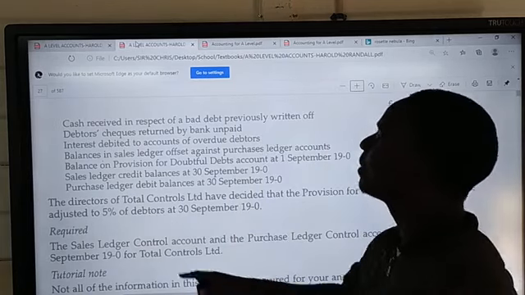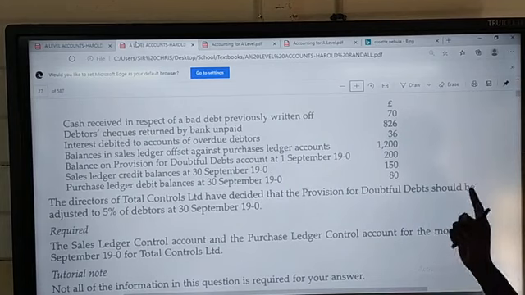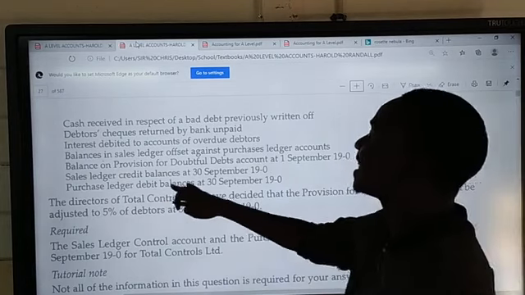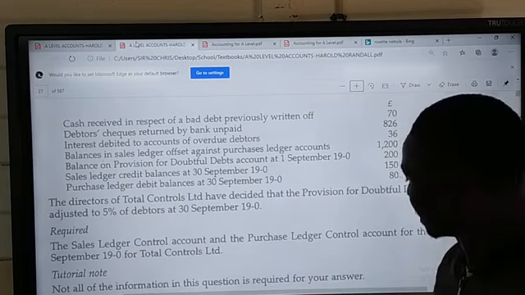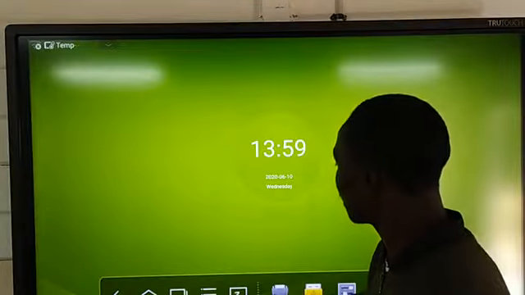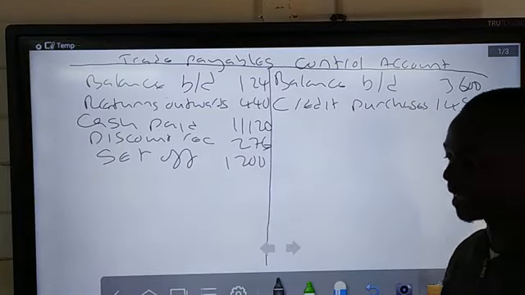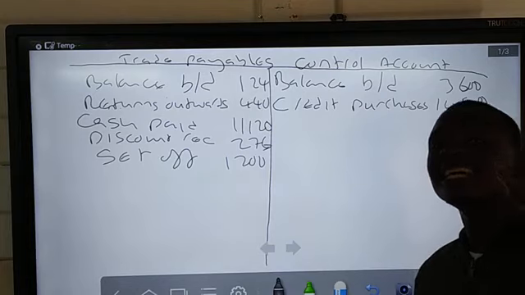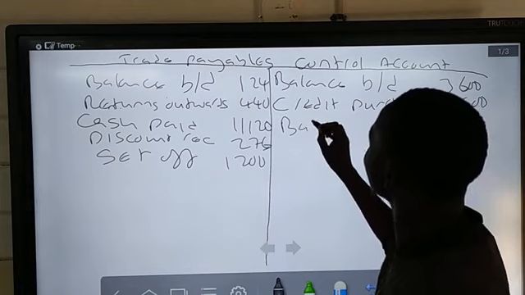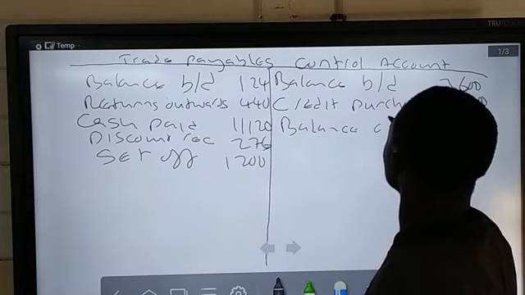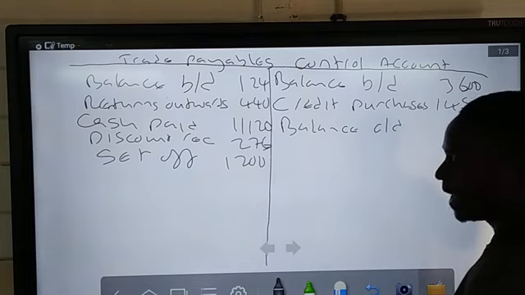Next item, we have sales ledger credit balance at 30 September 1990. This is a credit balance. Then we have purchases ledger debit balance. How do we record this one? Please understand this. In the trade payables account, they say it's a purchases ledger debit balance at the end of the year. It's recorded on the credit side here as balance c/d of 80.